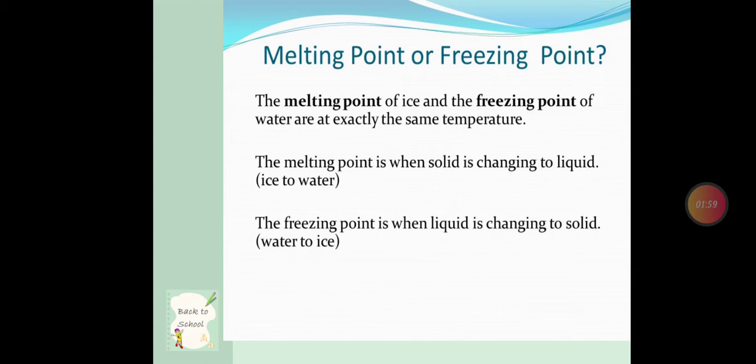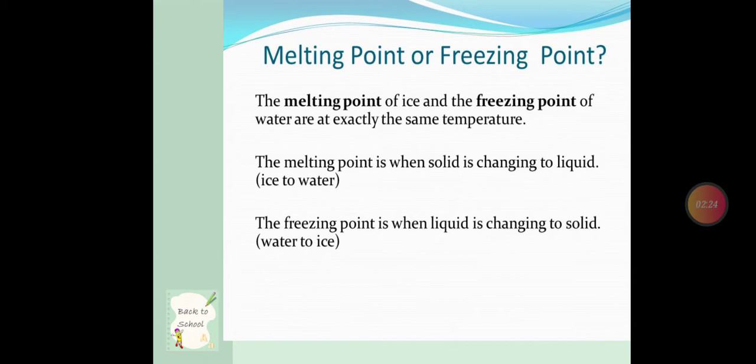So these are the opposite of one another. Melting is solid converting into liquid, whereas exactly the opposite change takes place in freezing point, when the liquid is converting back into solid.